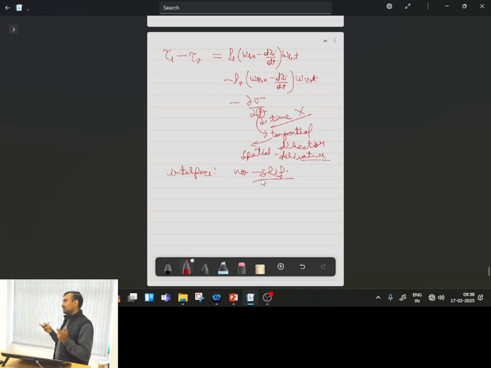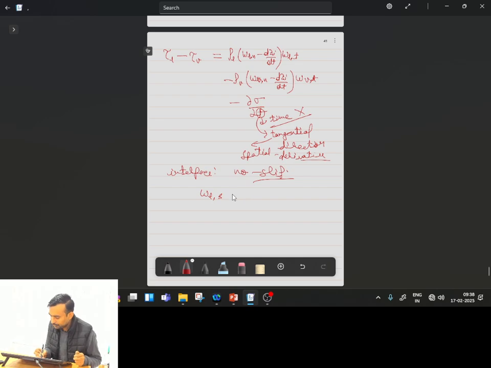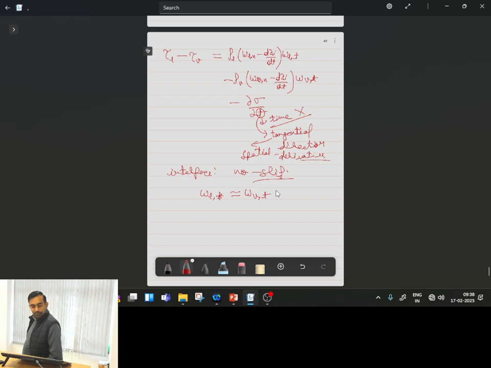If the no slip condition exists at the interface, in that scenario WLT will be equal to WVT. Is this point clear? So the velocity of the liquid at the interface in the tangential direction has to be equal to the velocity of the vapor in the tangential direction.